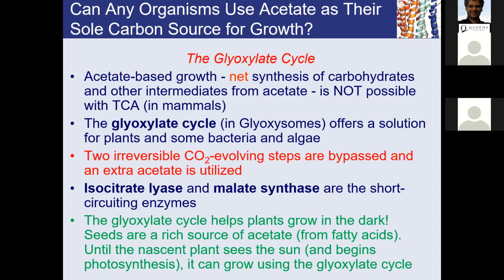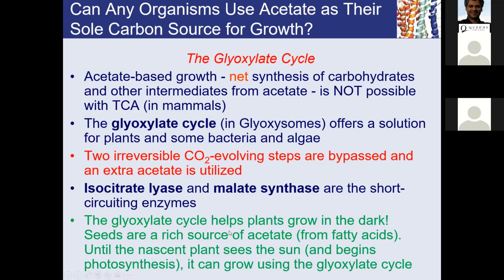And that's why I'm going to talk to you about what the glyoxylate cycle does. It turns out that the glyoxylate cycle allows net synthesis of carbohydrates and other intermediates from acetate in these systems. It's not possible in mammals, but in plants it is possible, and it does happen. And I will show you how.